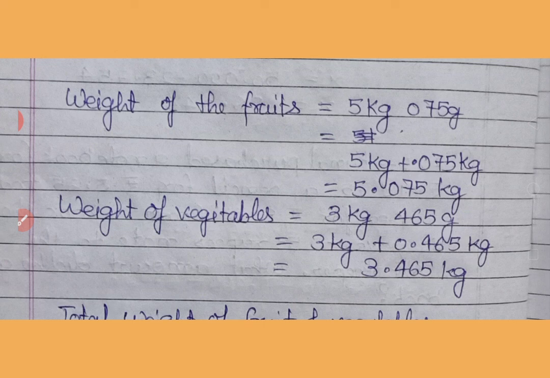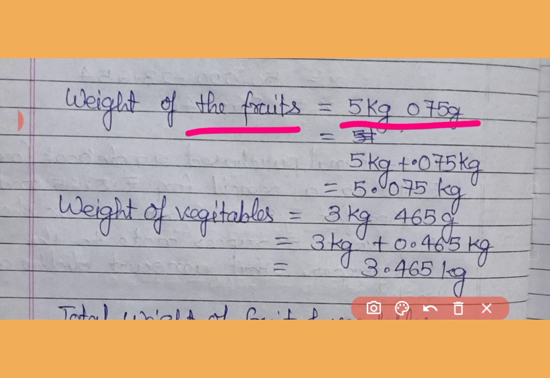So the weight of fruit is given 5 kg and 75 grams. Because 75 gram was given, I have written 0.075 kg. 5 kg plus 0.075 is equal to 5.075 kg, the weight of fruit.